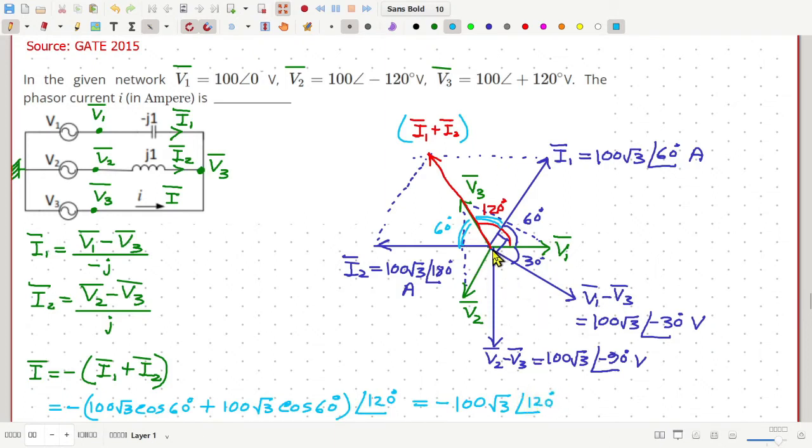That means basically this phasor opposite to I1 plus I2. So this will be equal to 100 root 3 at an angle of minus 60 degrees. And this is in ampere.